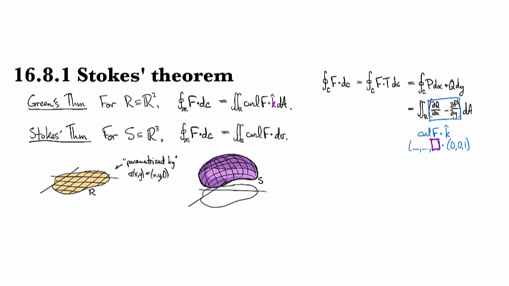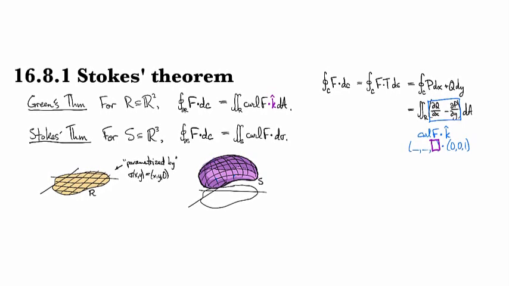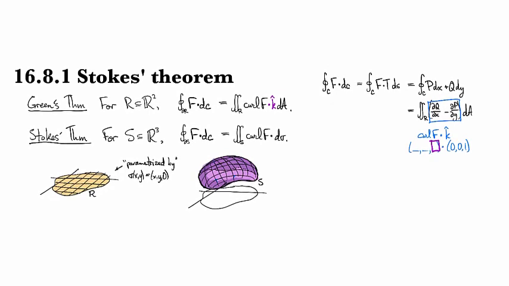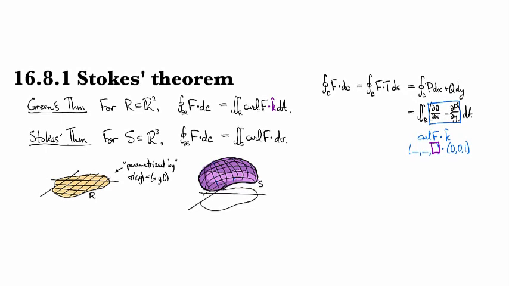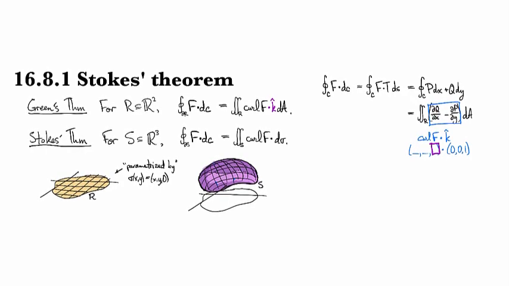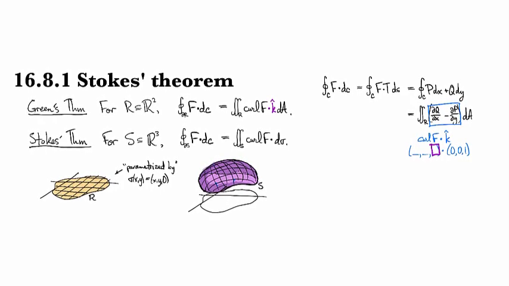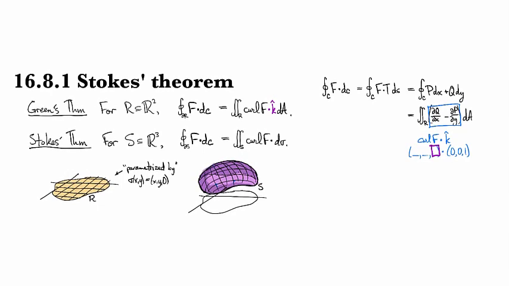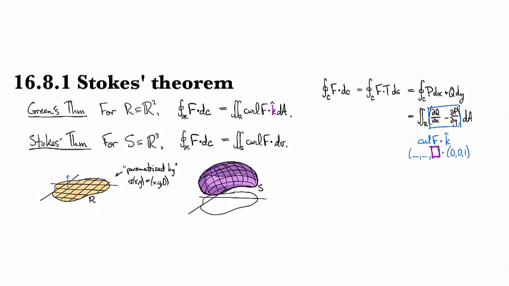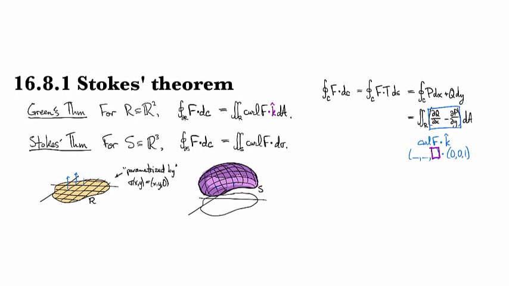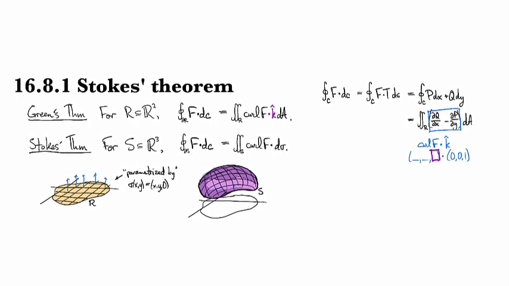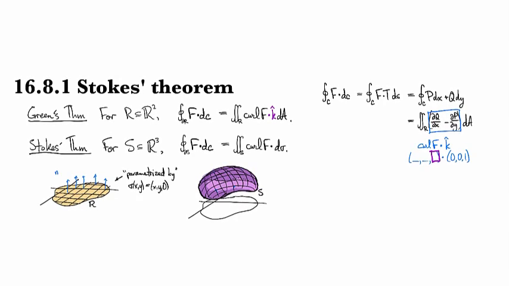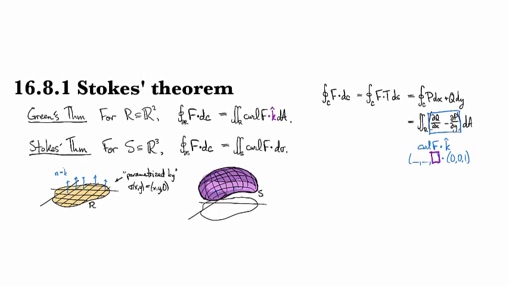I'm thinking of taking R as a region in R2 and embedding R as the same region, but now as a subset of R3, with z coordinate equal to 0. Then as a parametrized surface, the unit normal vector to this surface would look everywhere like this one right here, pointing straight up with length 1. In other words, the normal vector everywhere is equal to k hat.